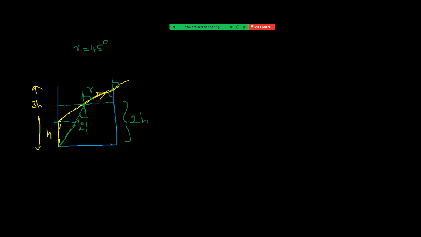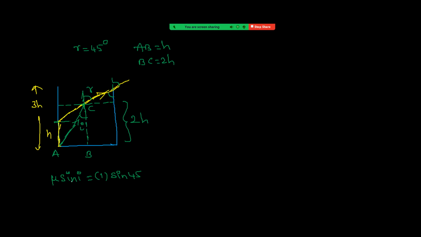Okay. Next, coming to the i value. Let me take this as A, this as B, and this as C. From the diagram, we can say AB is equal to h, and BC is 2h. Then at C we want to use Snell's law, that is mu of the liquid sin i should be equal to, since it is entering into air, 1 into sin r, that means sin 45.